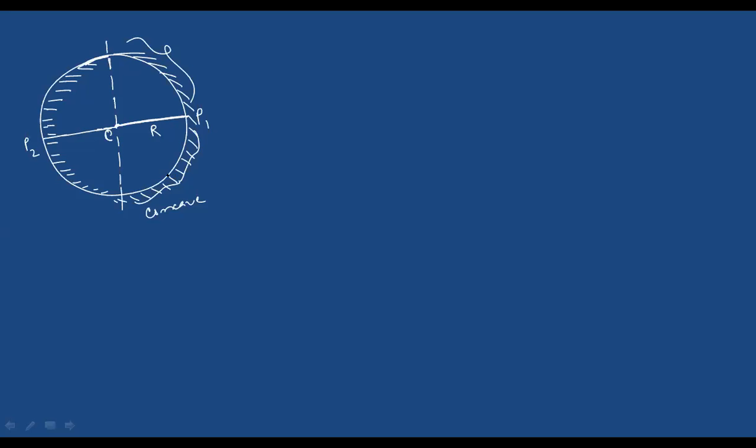Clear, all of you? Sir, explain again. See, this is one sphere. In case of a circle, this is the radius. Sorry, this is the diameter.